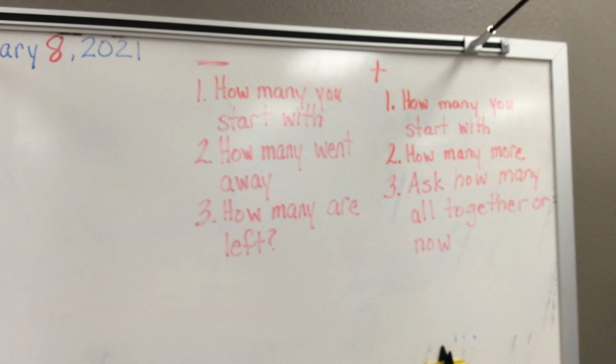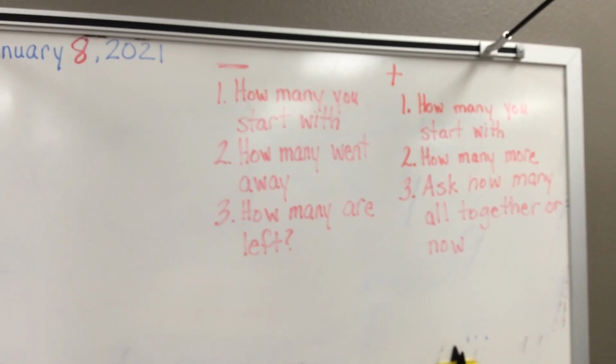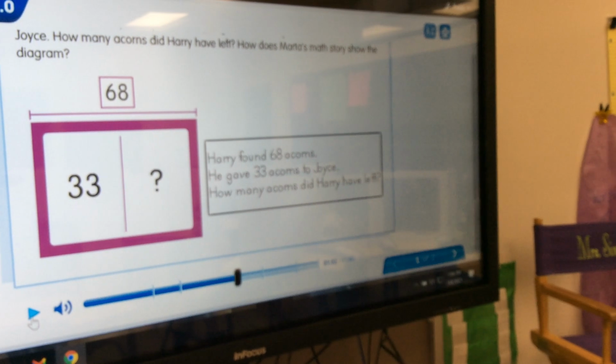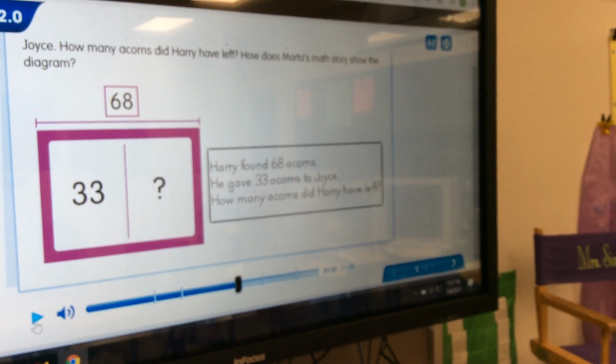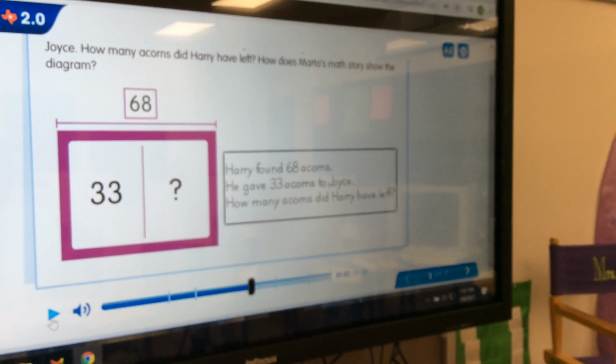So with subtraction, how many you start with, how many went away, how many are left. Just like on the example on the screen, Harry found 68 acorns. He gave 33 acorns to Joyce. How many acorns did Harry have left?